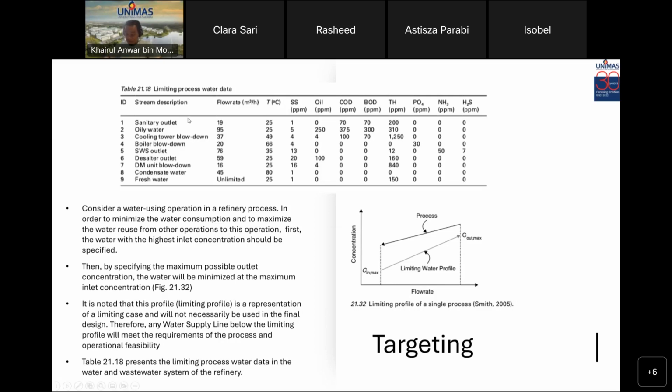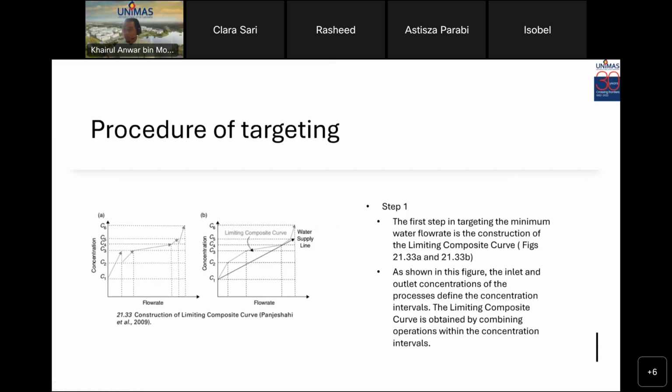Table 21.18. So the pinch diagram will be based on table 21.18. We have 9 streams here. The first step is targeting the minimum water flow rate by constructing the LCC, limiting composite curve.